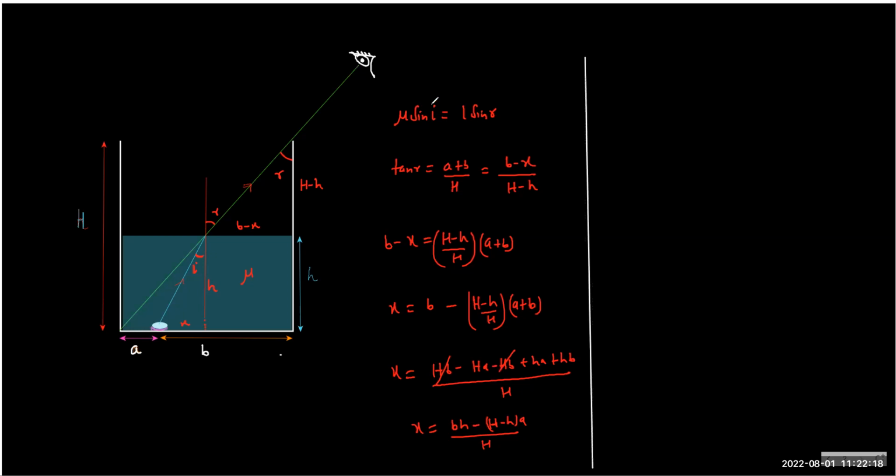So we got x, and now we can use the business of mu sin i. What is sin i? x over the square root of h squared plus x squared. Sorry, x. And 1 sin r. What is sin r? Because tan r is known to you, we also know sin r, right? So sin r will be (a plus b) over the square root of H squared plus (a plus b) squared.